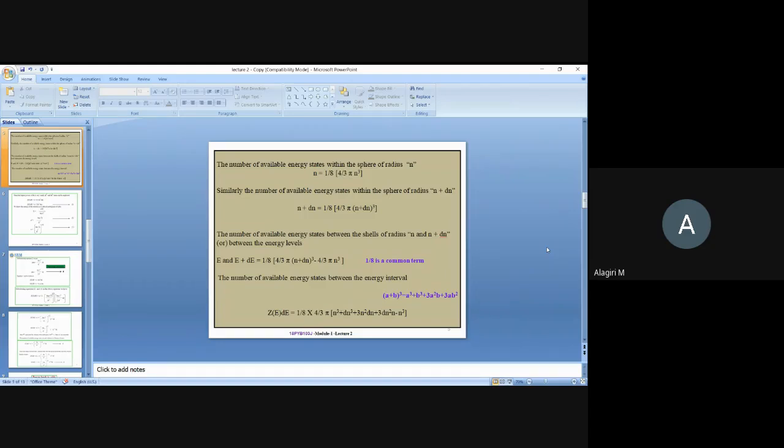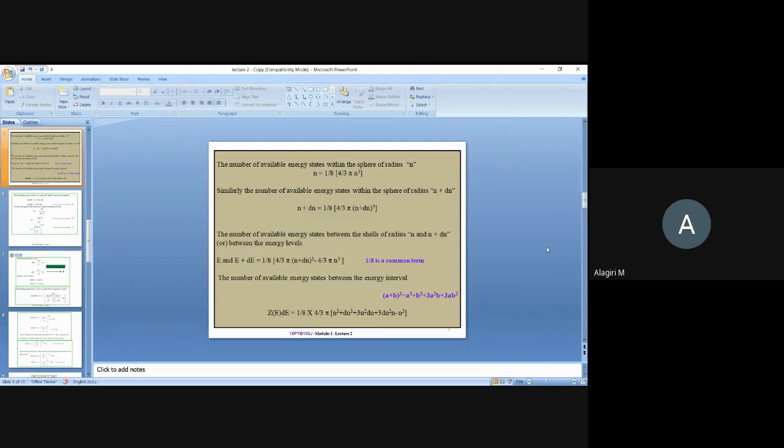So the number of available energy states between the energy interval E and E plus dE is represented as Z of E into dE, which will be equal to 1 by 8, and one more common term we have is 4 by 3 pi.